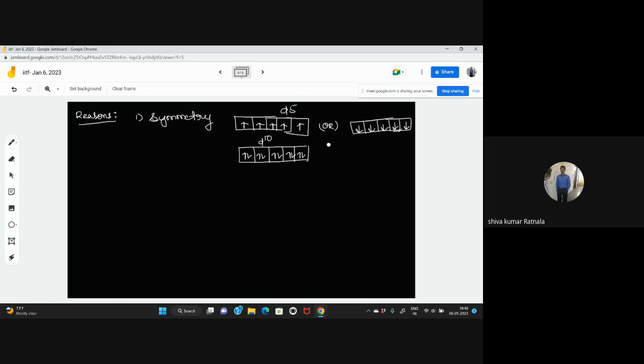That means greater the symmetry of electrons, greater the stability we can write.